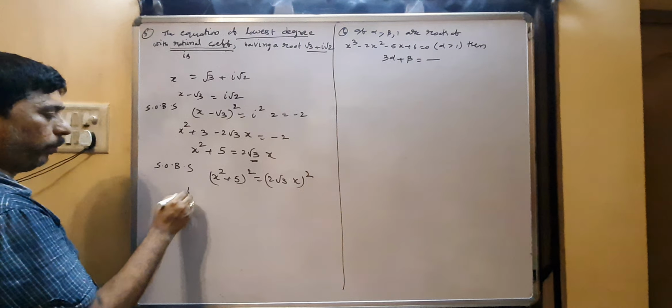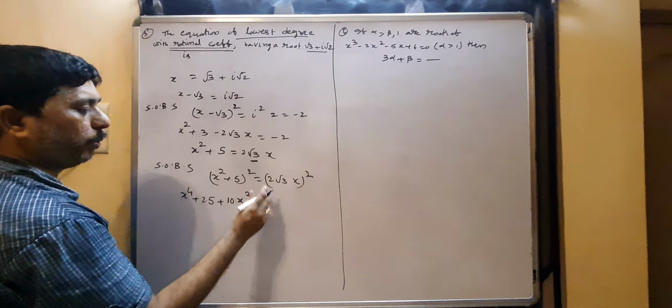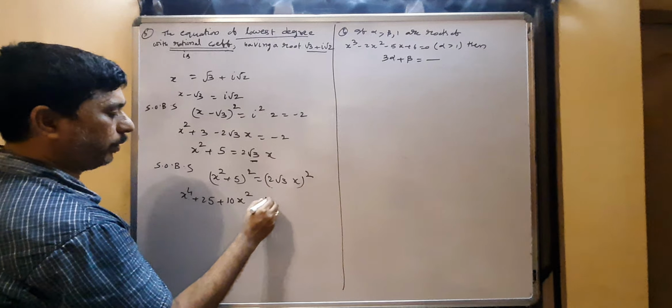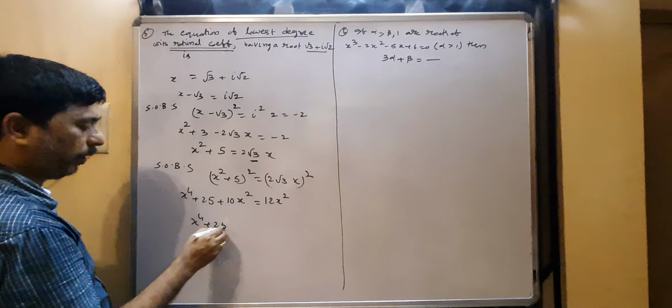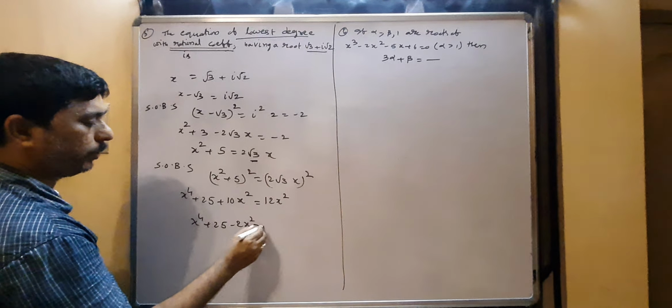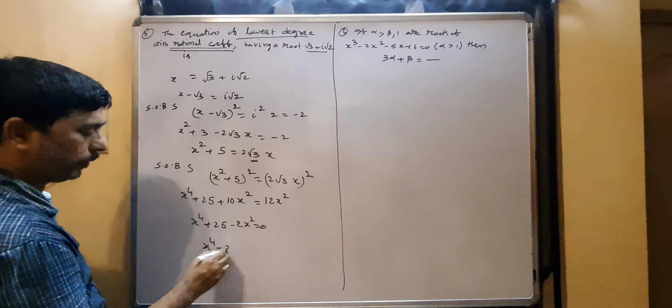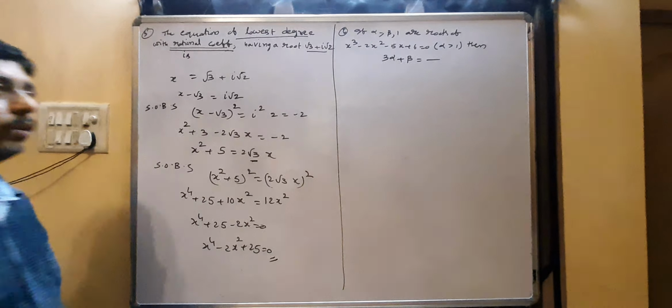That is x power 4 plus 25 plus 10x square equal to 2 square 4, 4 into 3, 12x square. Taking left hand side, you get x power 4 plus 25, 10 minus 12, minus 2x square equal to 0. Final answer x power 4 minus 2x square plus 25 equal to 0. Copy this problem.